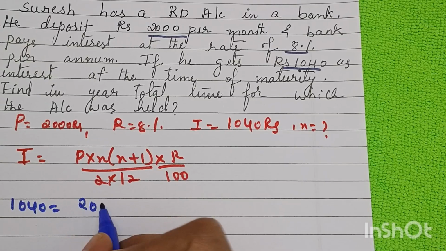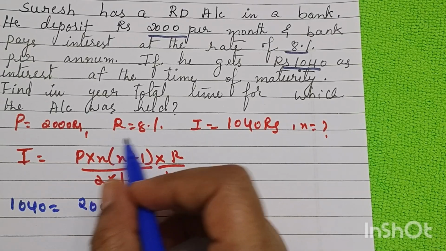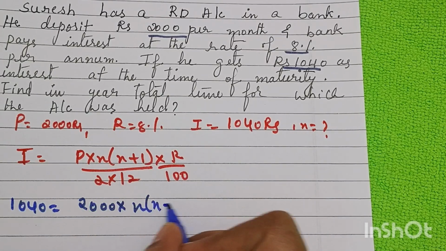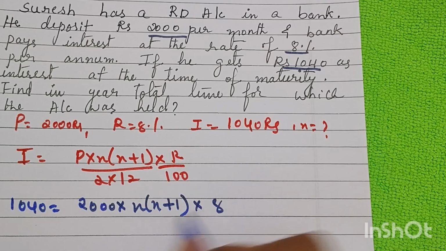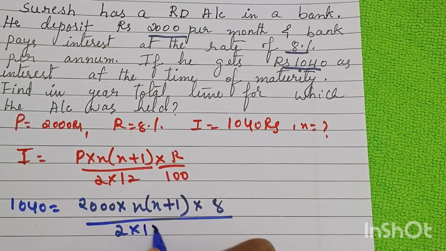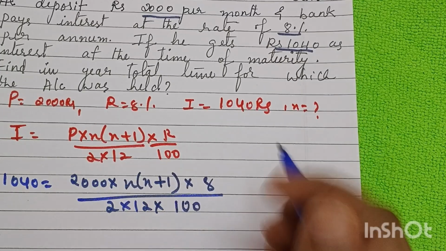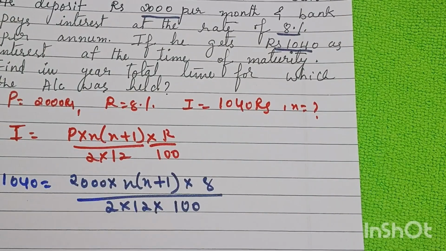Principal is 2000 into n into n plus 1, R is 8%, divided by 2 into 12 into 100. We can also write 24,000.